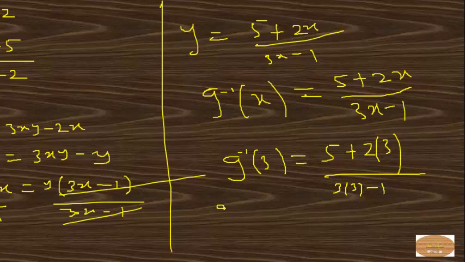So 5 plus 6 is 11, over 9 minus 1 is 8. So we have 11 over 8. That's our answer.